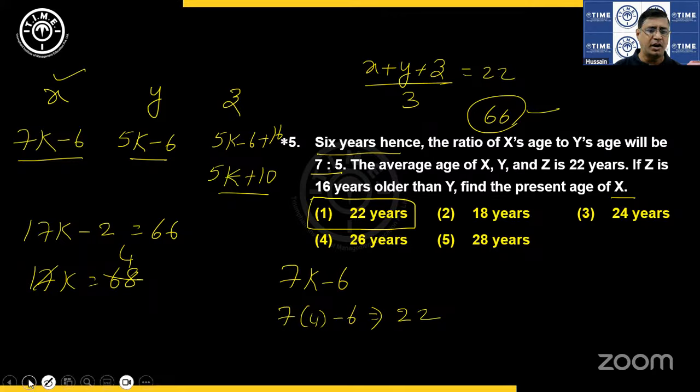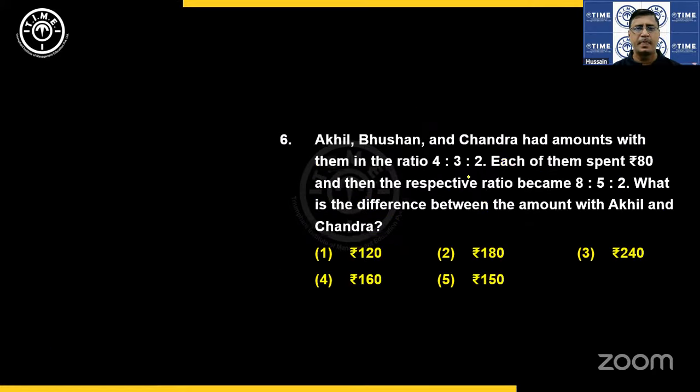Next example on your screen. Akhil, Bhushan, and Chandra had amounts with them in the ratio 4:3:2. Each of them spent rupees 80 and the respective ratio became 8:5:2. What is the difference between the amount with Akhil and Chandra?